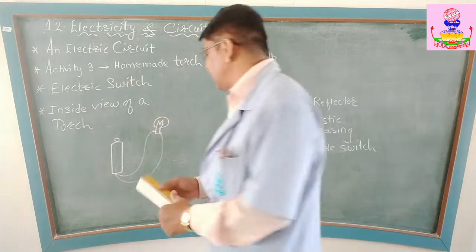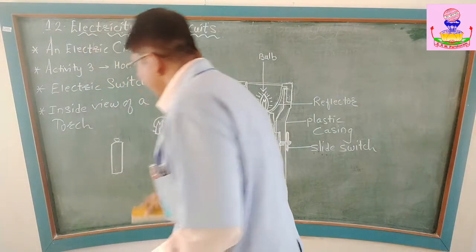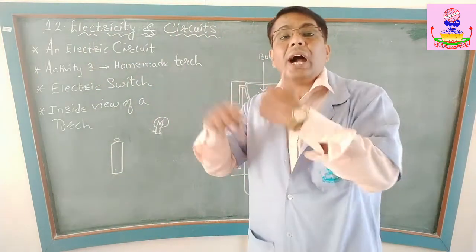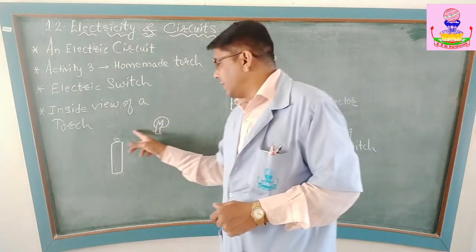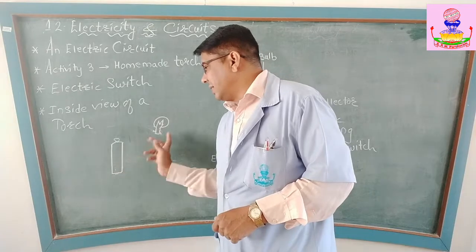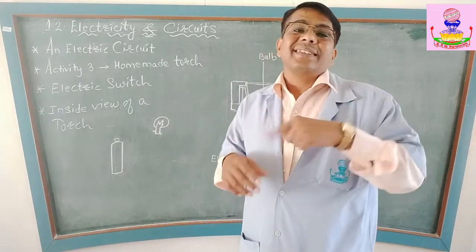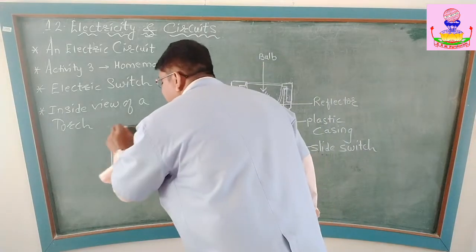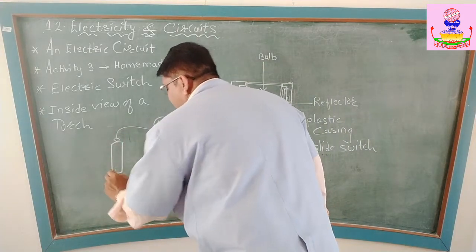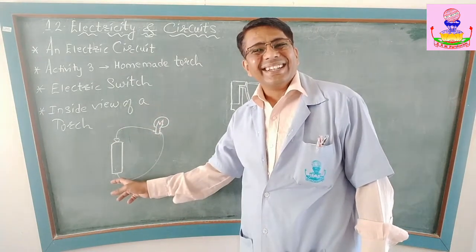And in the last position, we just inverted the wires. The one which was connected here was connected there, and the other which was connected there was then connected here. And we saw that the bulb glowed. Why? Because the circuit was complete. When the circuit gets completed, current starts flowing.